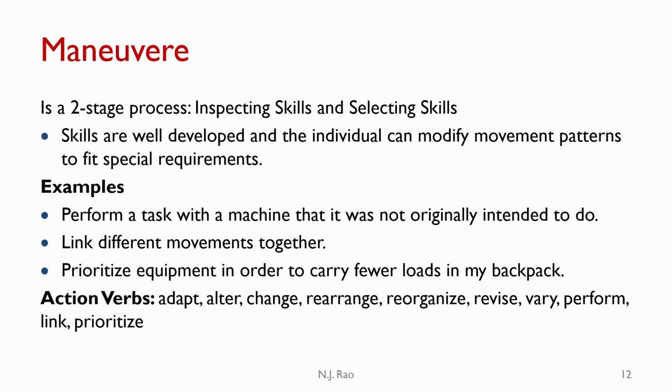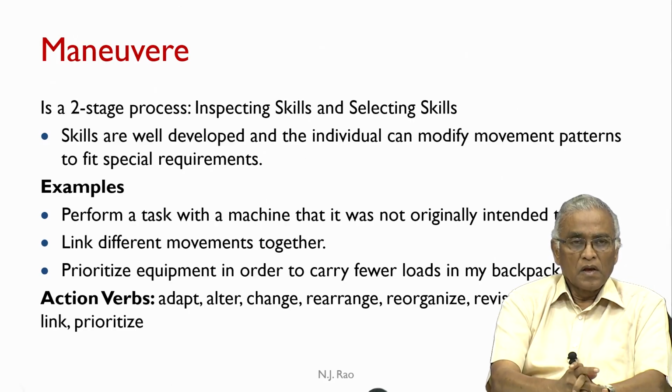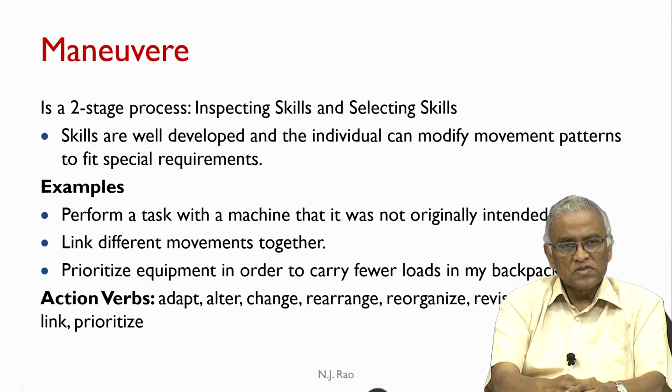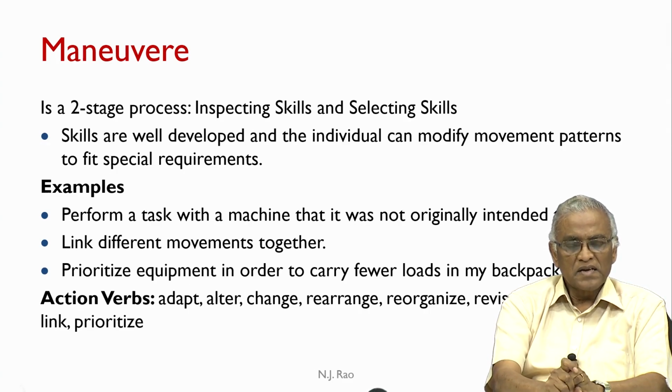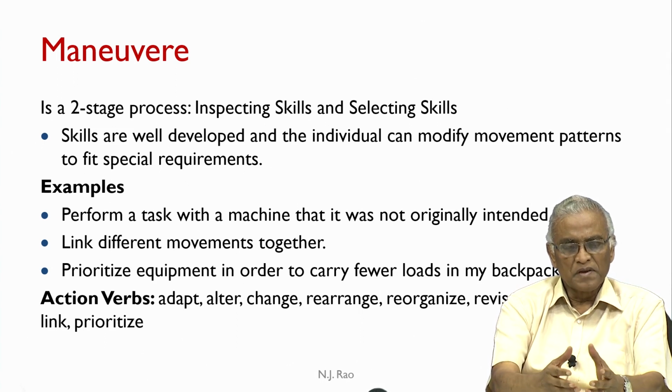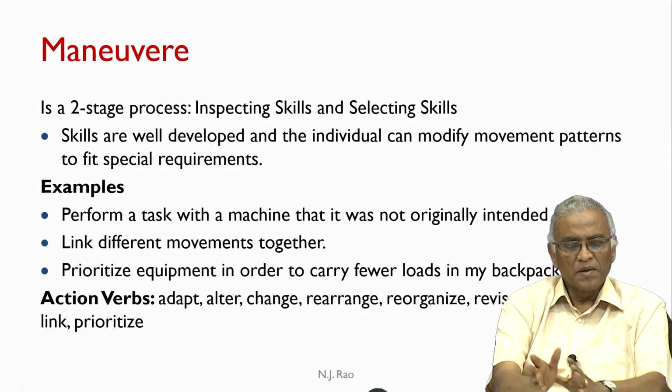Then comes the maneuver. What happens is a two-stage process: you inspect the skills and select the skills. That is, having developed them, that is what happens. Any master sportsman is taught, let us say, to hit a ball in a particular way.